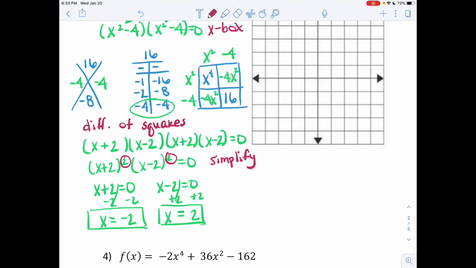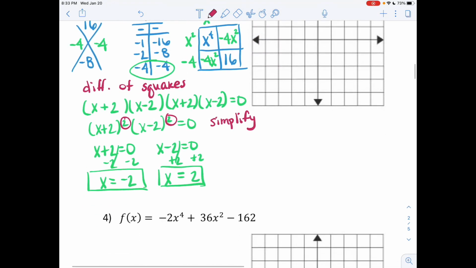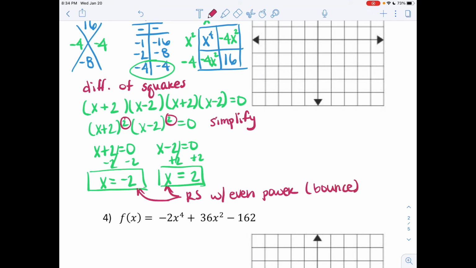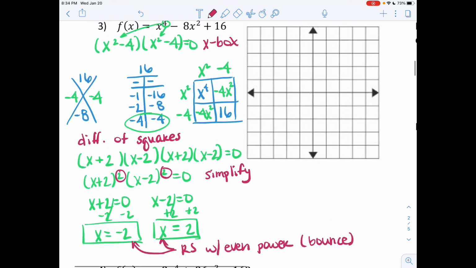We have a squared here. So we will identify these as repeated solutions, or RS, and with an even power. So that even power means that we are going to bounce on our graph. And that's going to become important here in just a minute when we do graph.